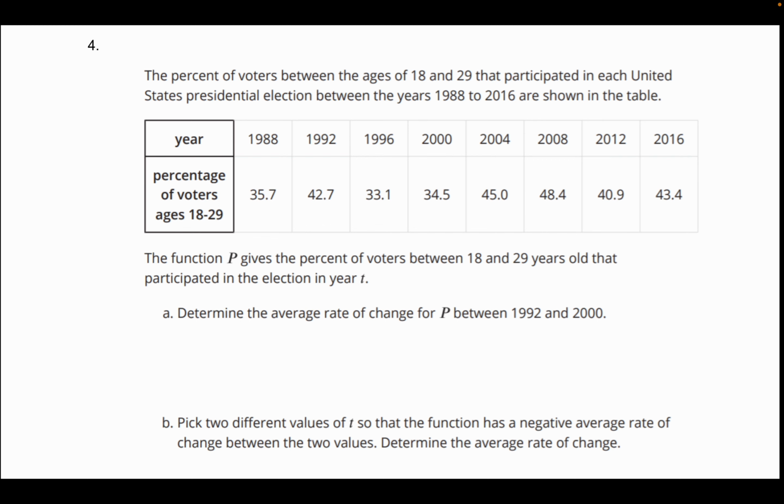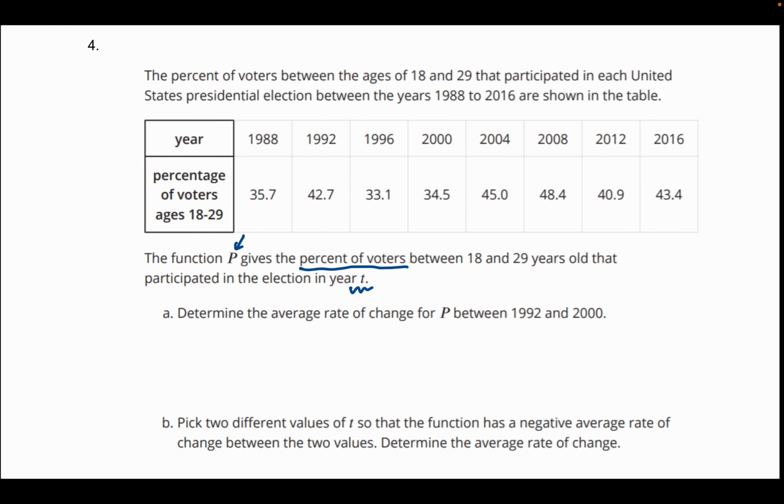So they're saying the year is T, and that our function P just gives the percent of voters. So we're going to try to determine our average rate of change between 1992 and 2000. So we have to look at these two values on our table. So 1992 and 2000.